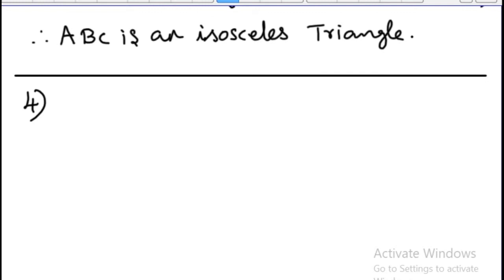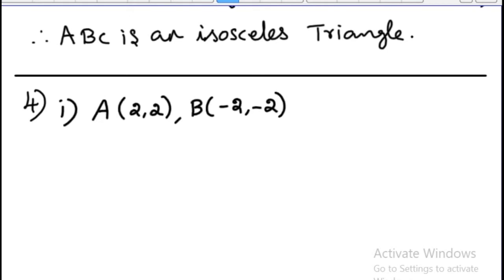So first subdivision, A is 2, 2 and B is -2, -2, then C is -2 root 3, plus 2 root 3.